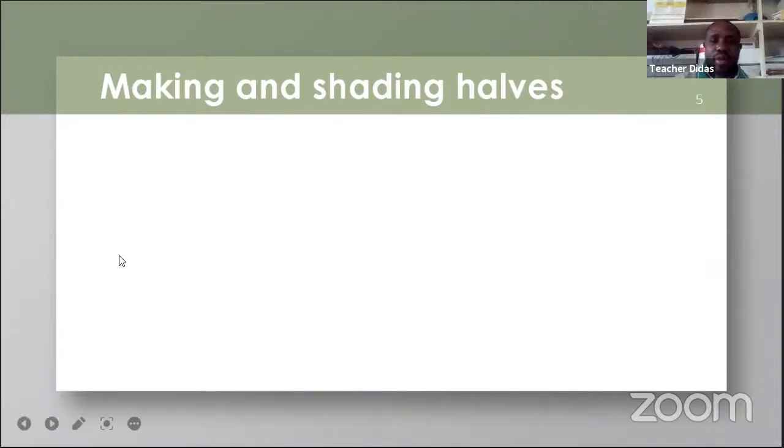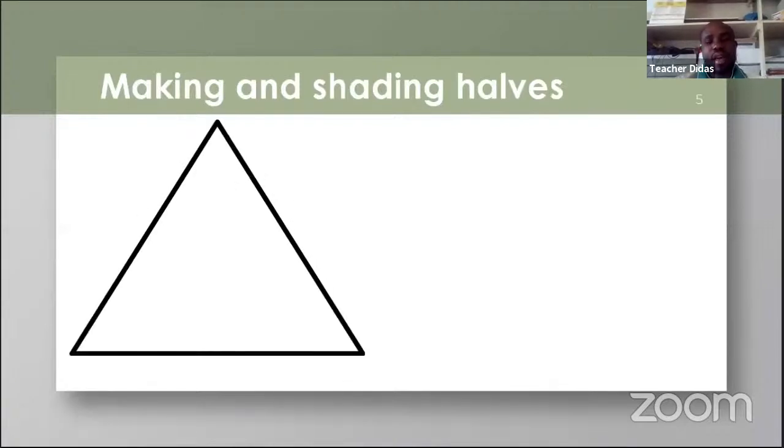Okay, so now let's go. Let's make and shade hearts first. Making and shading hearts, that's what we have been doing. Suppose I have my diagram there. Then I will cut it into 2 parts. When I cut it into parts, I have 1 part and another one. So those are 2 parts.